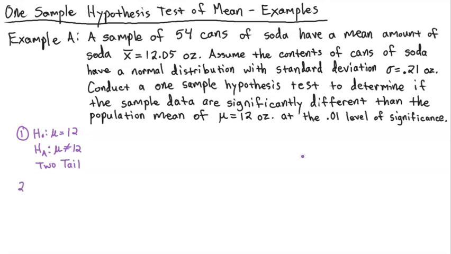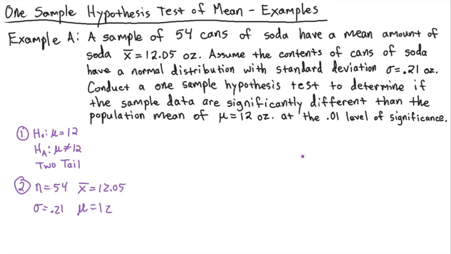Now, step two, we're going to identify a bunch of things. We're going to identify the sample size, which is 54. We're going to identify the sample mean, which is 12.05. And then we're going to also identify the population standard deviation, which is 0.21. It's all in the question. We're going to identify mu, which is in the null hypothesis, mu equals 12.